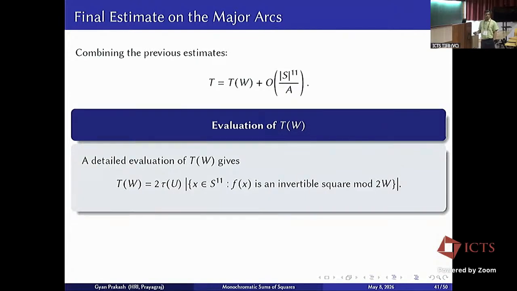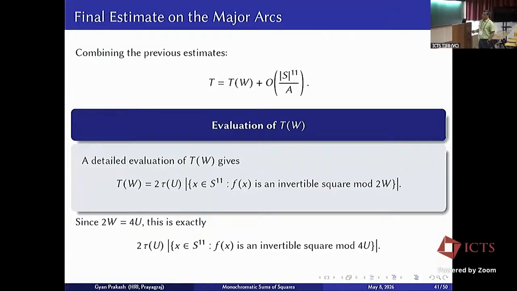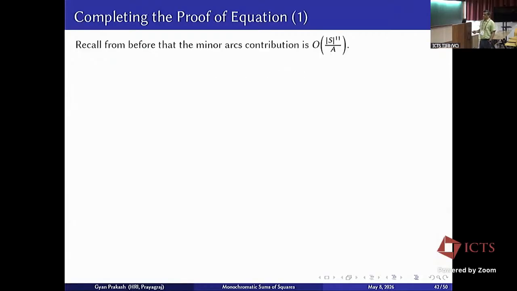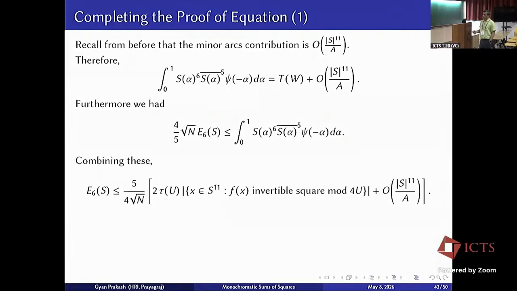So the evaluation on the major arc is exactly equal to this plus O of S to the power 11 by E, which will again go into the error term. So we get the result once you notice this.